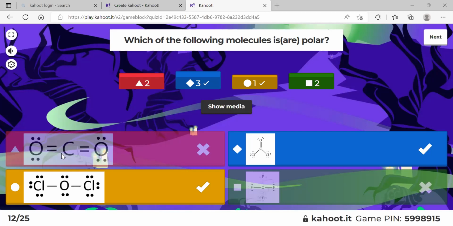If that's not true, then it is polar. For trigonal planar, you have 3 identical groups, that makes the molecule non-polar. And in the case of tetrahedral, like we see the molecule in green, 4 identical groups makes the molecule non-polar.